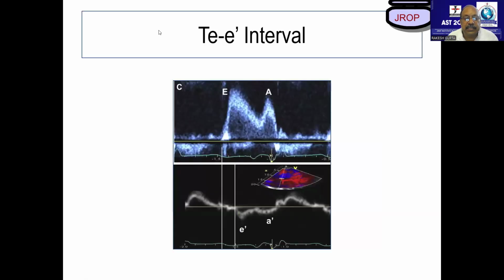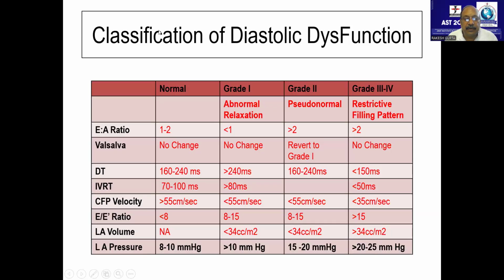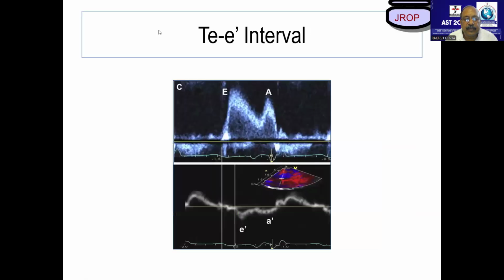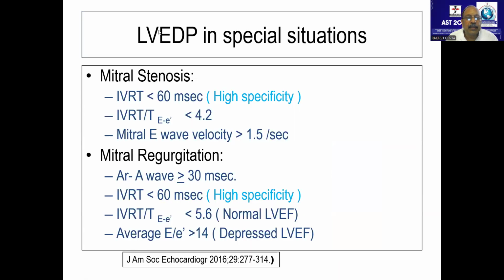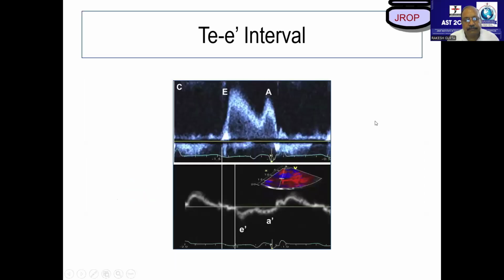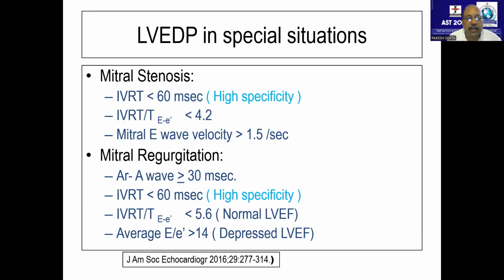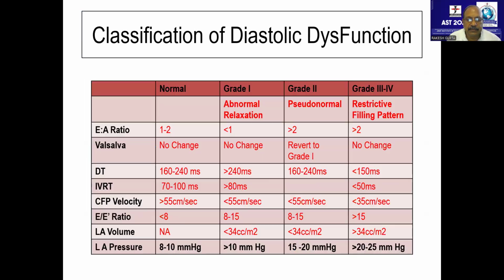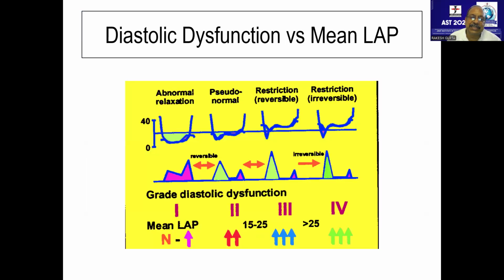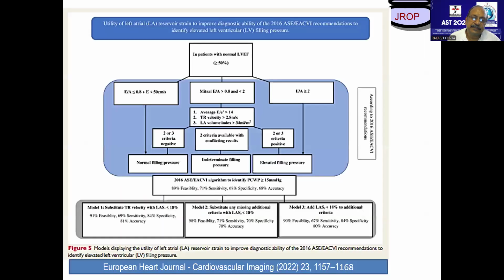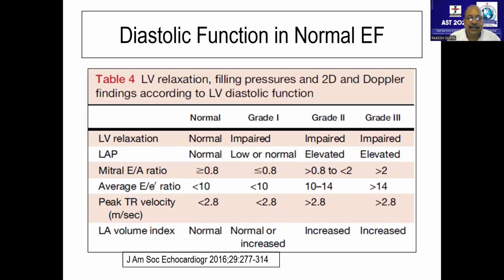Sir, usually while doing a Valsalva we cannot record the change. Can you explain the method of Valsalva, how to do it? It is a very simple thing to do. You record a very good quality image. Ask the patient to hold a breath in that particular phase, forced expiration, where you are recording your EA ratio.